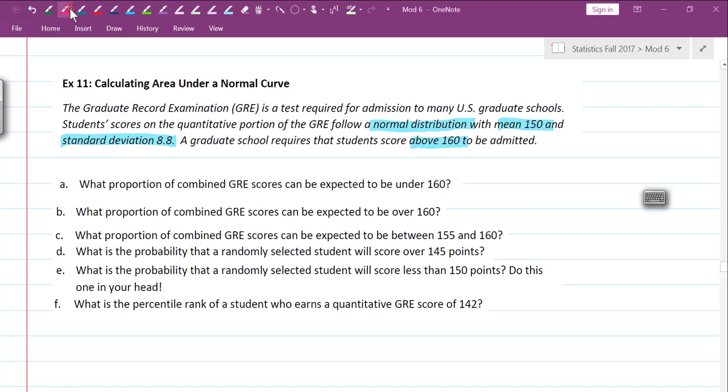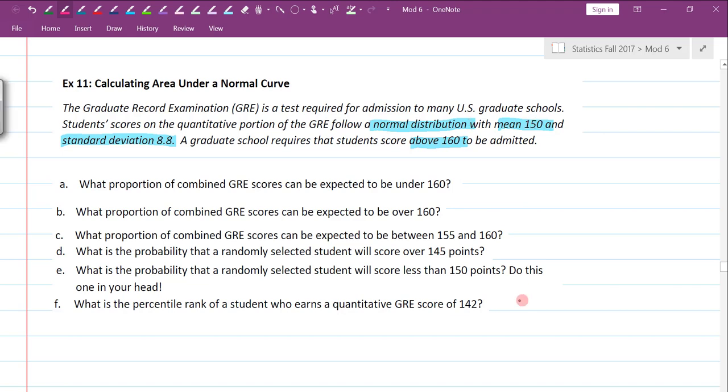So let's go ahead and write down what we know. We know that we're normal distribution, which is important. That tells us we're going to be able to use the standard normal distribution to help us solve the probabilities.